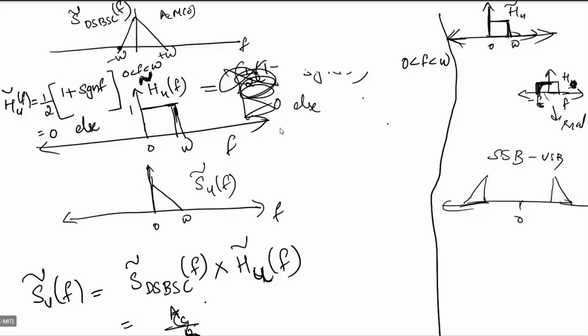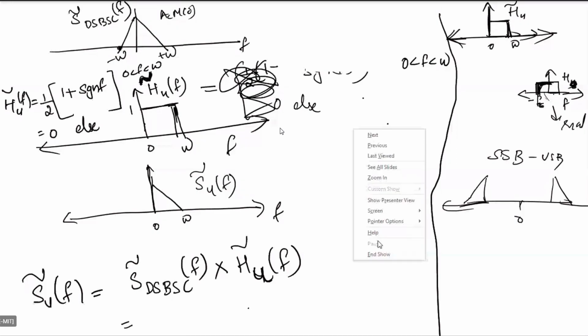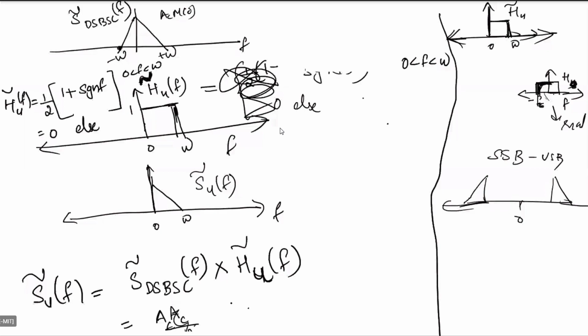What is S hat DSBSC f? It is Ac into M of f, into 1 by 2 into 1 plus signum f.